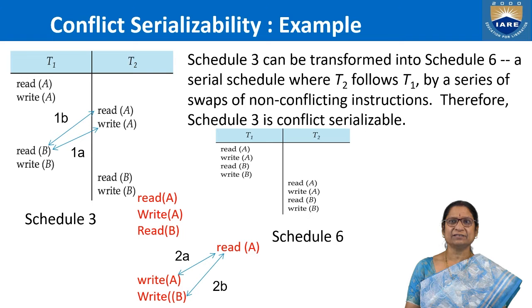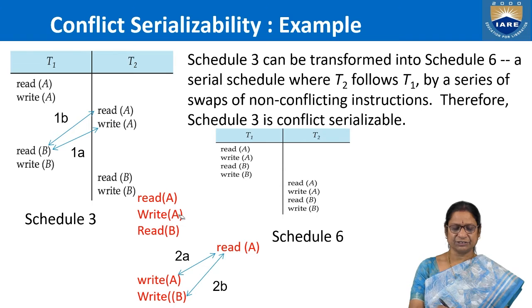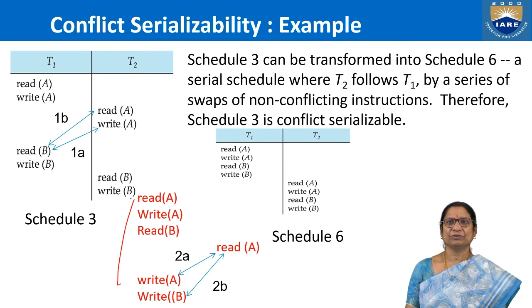After that, read B will be moved upwards and read A, write A will come downwards, as has been shown to you in this red color schedule.